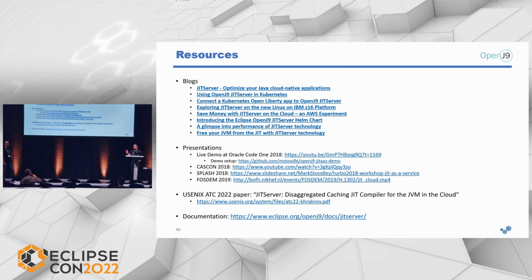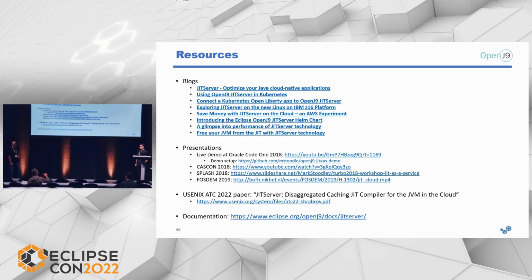Yes. Oh, sorry. For the communication between the client and the JITServer, does the client do one request and get back the results? Very good question. No, that would be ideal. So the question was, is there just a request-reply kind of traffic for the JIT compilations done remotely?